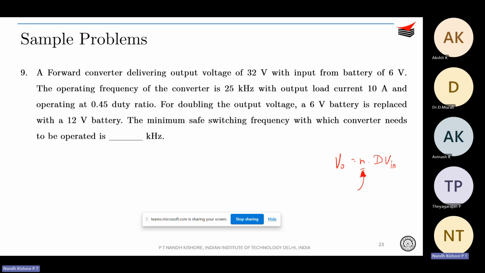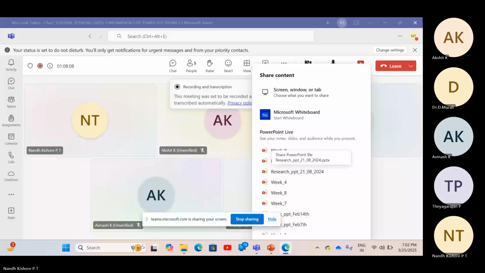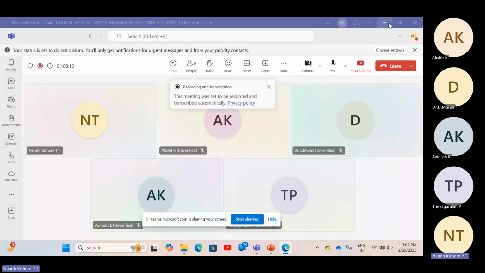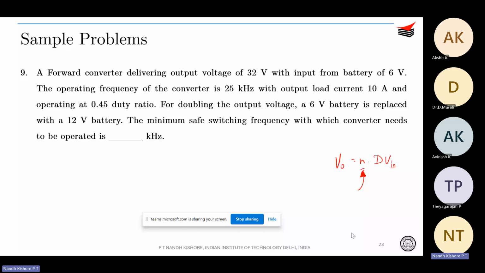Since D is given and V in is also given, you would know what is your N. But before that, the question is the minimum safe switching frequency with which the converter needs to be operated is dash kilohertz.